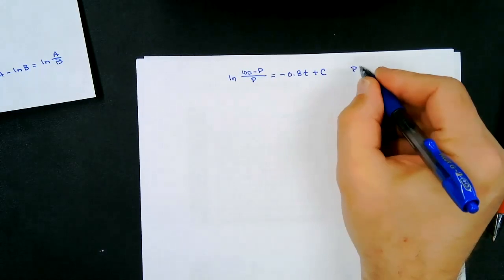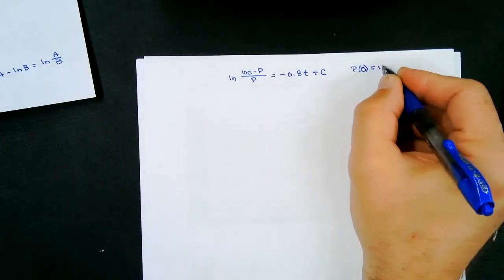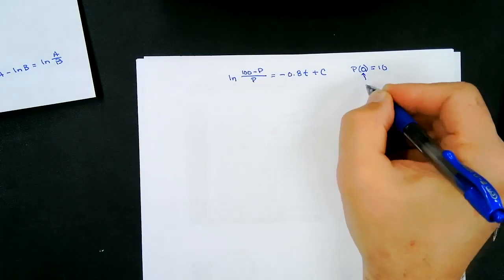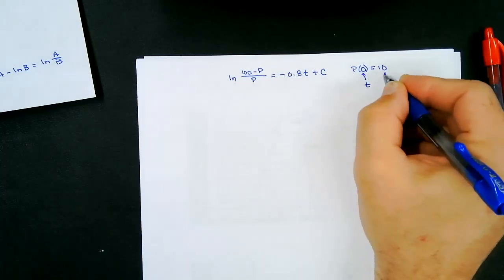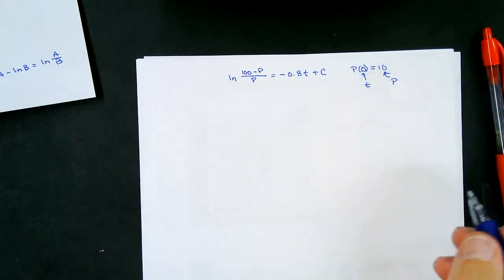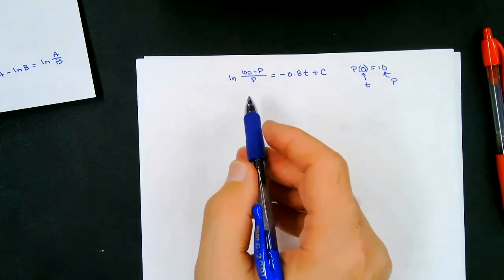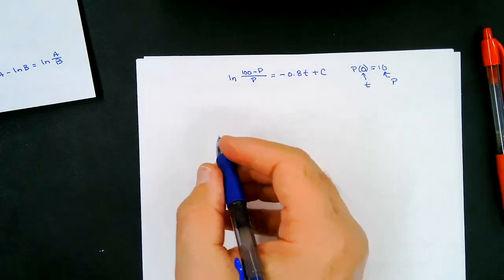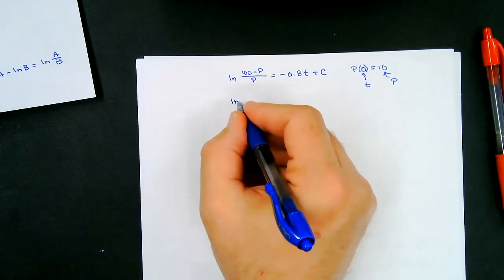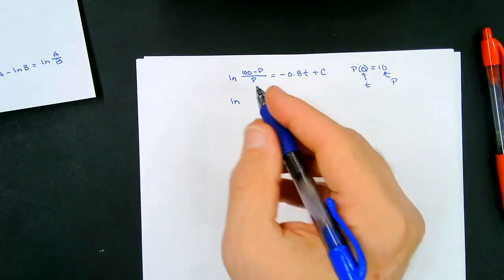Okay, and we also know from the very beginning that p of 0 is equal to 10. Now this 0 is my t, and this 10 is my p population. So I can put 0 in for t and 10 in for p. I'm figuring out what c is, plugging in my initial conditions.